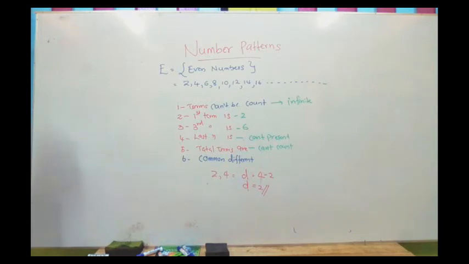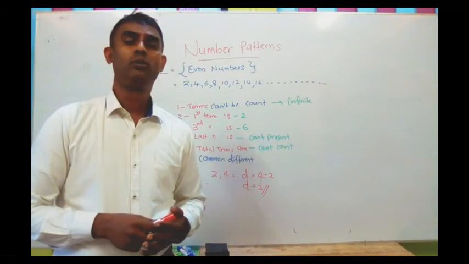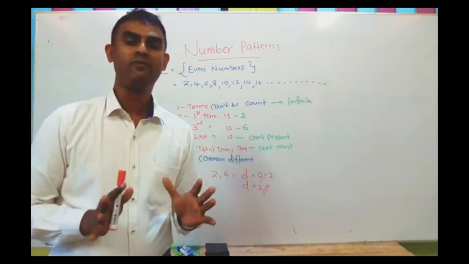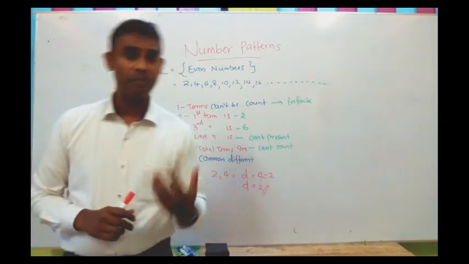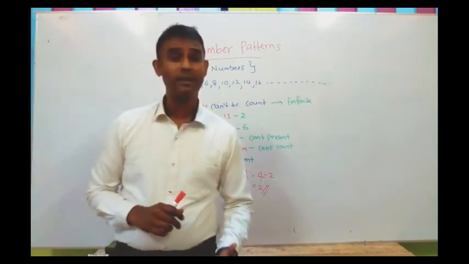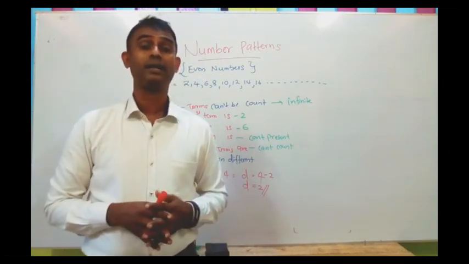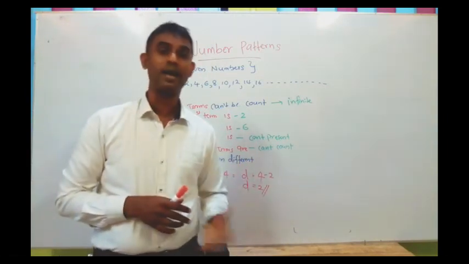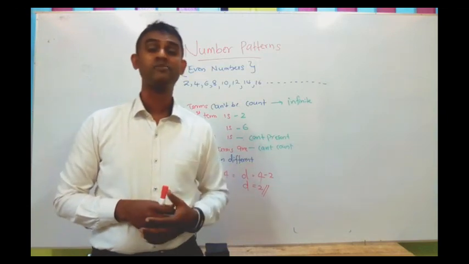Right? I think you have got a clear idea about the different types of number patterns: what a number pattern is, terms of number patterns, the system we use to write number patterns, infinite number patterns, finite number patterns, common difference, first term, second term, last term, total terms, like that.